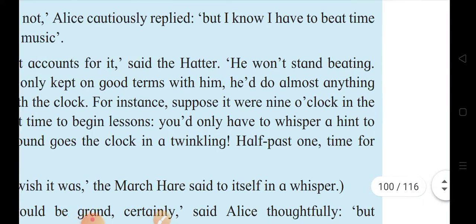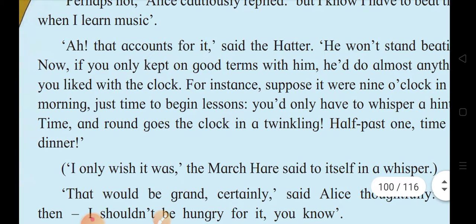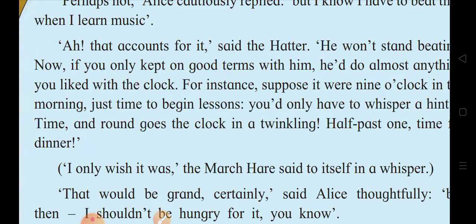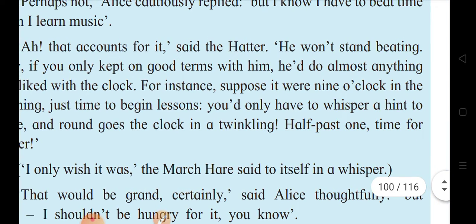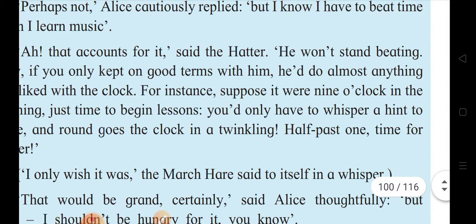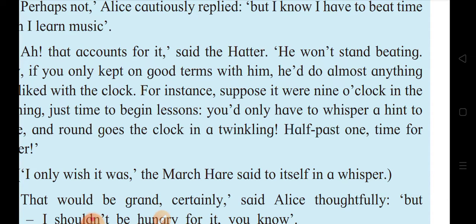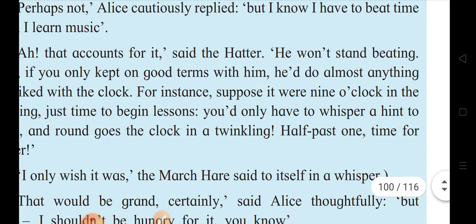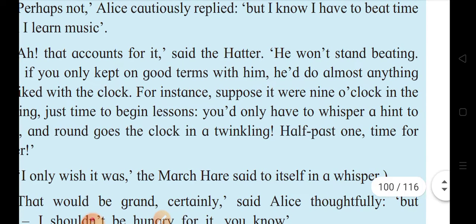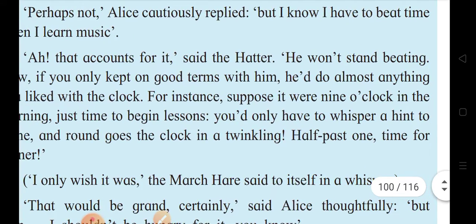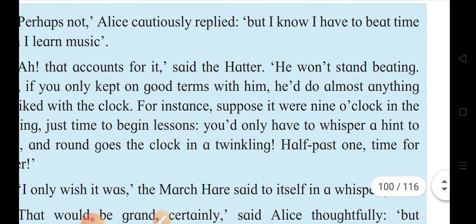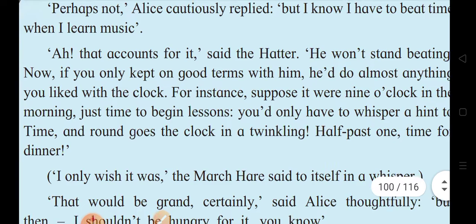"He won't stand beating." That accounts for it means yes, that's true. He won't stand beating means he will never stand beating, like the beating you get from your mother or father. So he's saying that time will never stand for a beating like that.